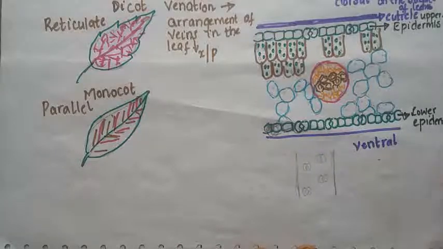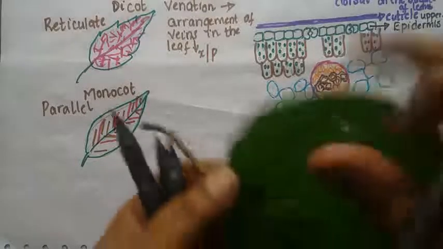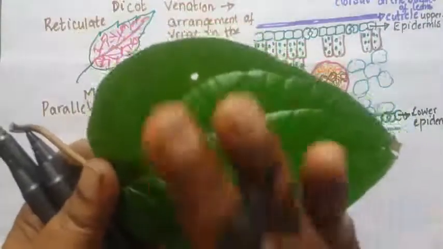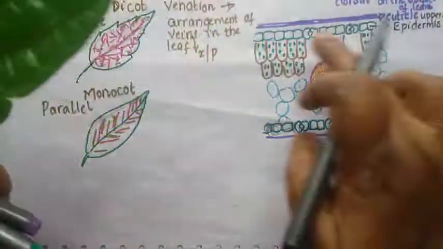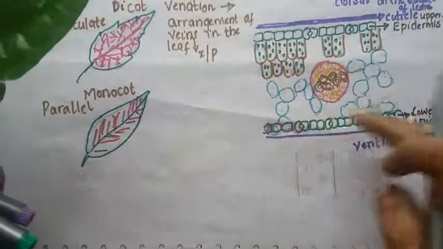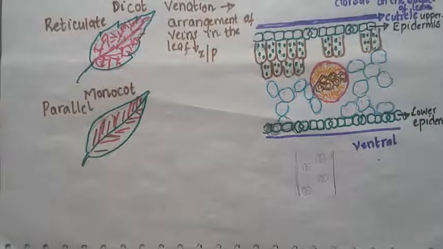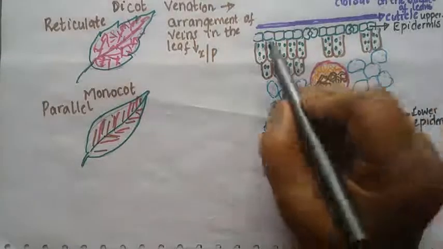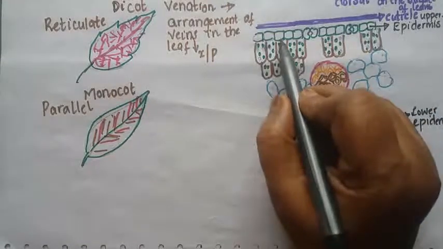Okay, this is the upper epidermis. So here you find the upper epidermis and you find the lower epidermis. In between the upper and lower epidermis, we find these types of cells which are arranged. And if you look carefully, these are compactly arranged epidermal cells.